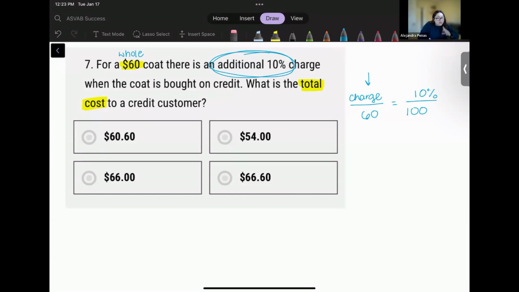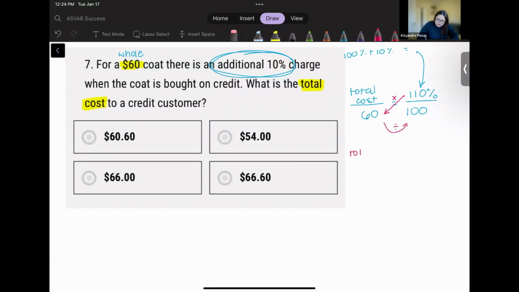But instead, you can save yourself that trouble. And instead you say, well, if I add 100% plus the 10% additional charge, I get 110%. And that's going to give me my total cost. Does that make sense? Yes, ma'am. Cool. So we're back to our usual, which is we're going to cross multiply and then divide.